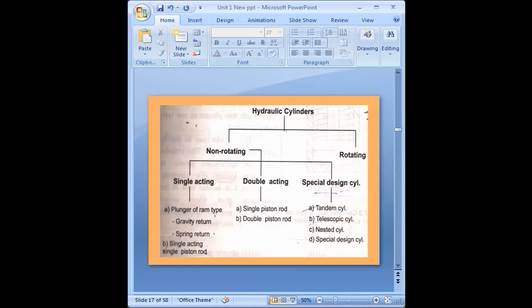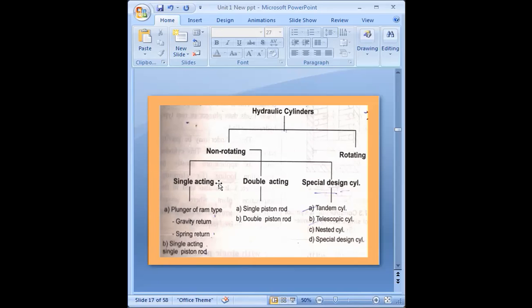Hydraulic cylinders are classified into two types, depending on the motion produced by that cylinder. One is non-rotating and another is rotating.